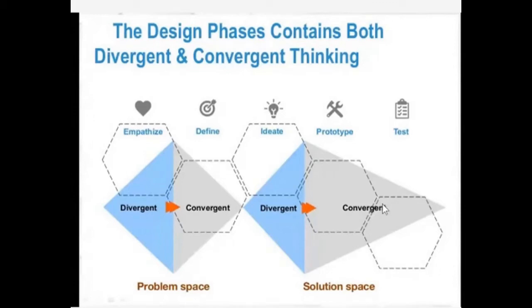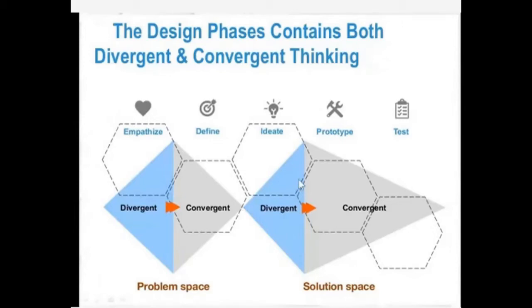This approach is called the double diamond approach. You can see a diamond here. A diamond is normally represented in this form, a rhombus. So there are 2 diamonds next to each other. You start from a point of a diamond, expand, then again narrow down to a point.